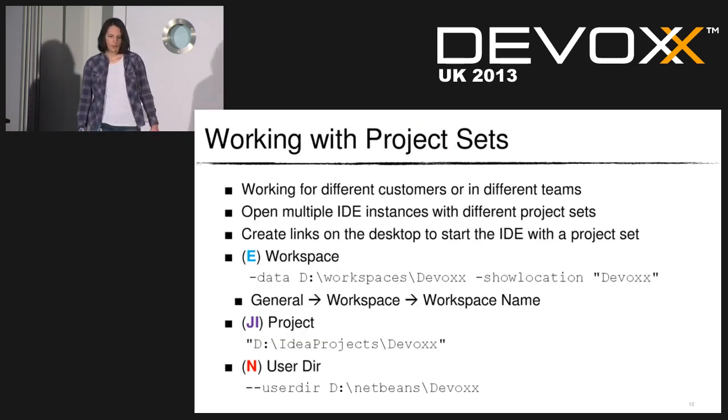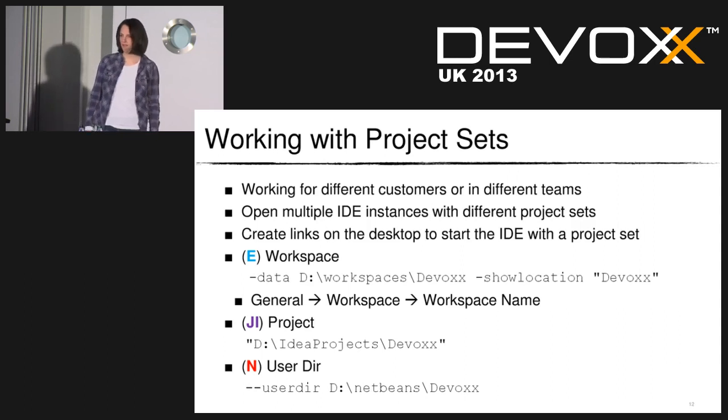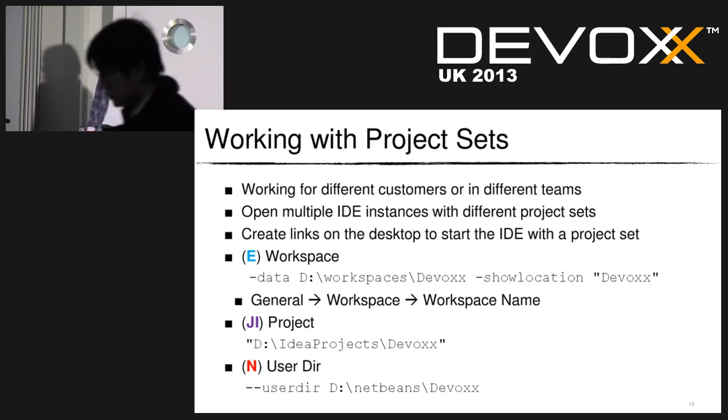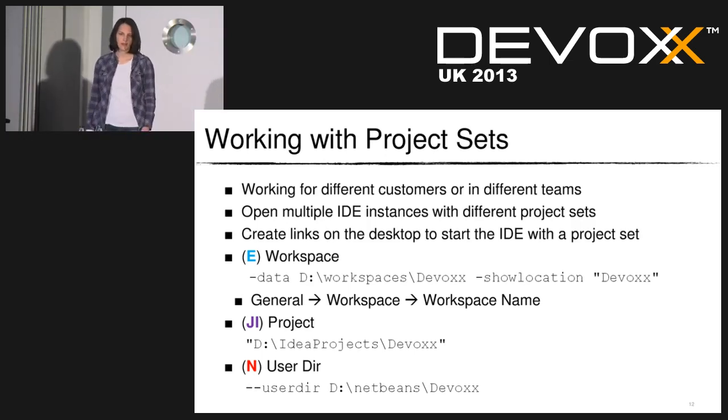Then, if you're working with different teams or different project sets for different customers, you might want to open up multiple IDEs with different project sets, and the easiest way to do it is to create links on your desktop to start the IDE with the project set.